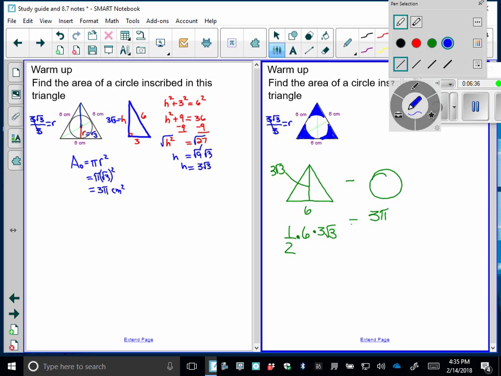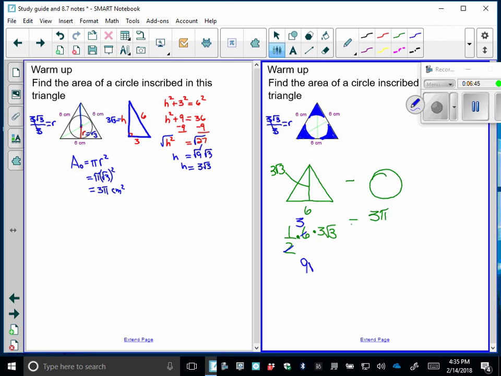In keeping with efficiency, we want to reduce along the way. So 2 goes into 6 3 times. The area of the triangle is 9 square roots of 3. If I subtract out the circle, that's the shaded area.